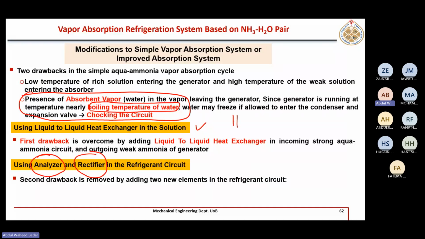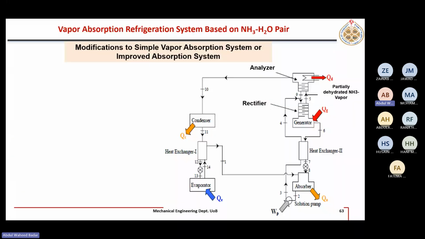Because water is evaporating with ammonia, we want to eliminate whatever water is evaporated in the generator before it goes into the condenser. So for that, two more components are installed, known as the analyzer and the rectifier. They are shown here in this diagram. The entire system is the same as before.